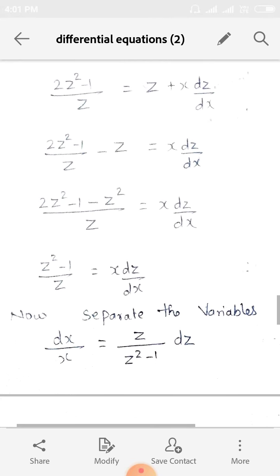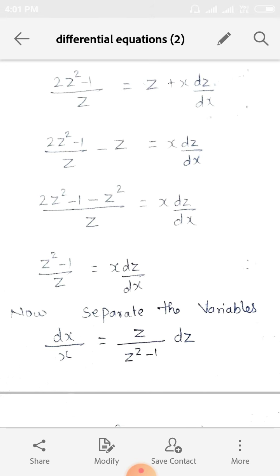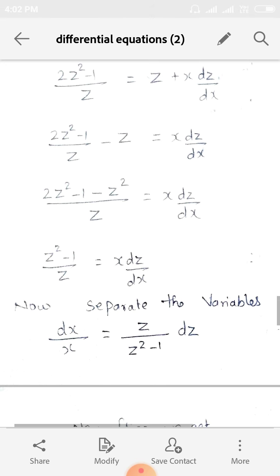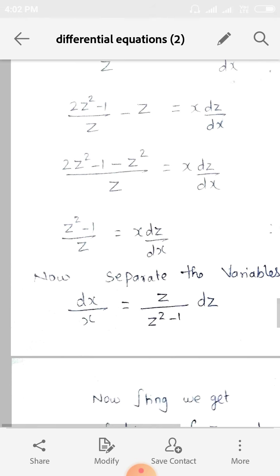The next step, taking LCM: 2z square minus 1 minus z square by z is equal to x dz by dx. The next step, 2z square minus z square becomes simply z square. So z square minus 1 by z is equal to x dz by dx.